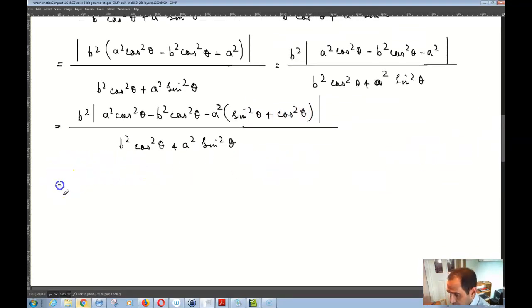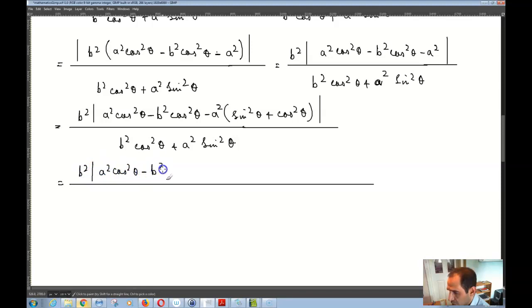So I can write this as b squared, the absolute value of a squared cos squared theta, minus b squared cos squared theta, minus a squared times a squared sine squared theta, plus minus a squared cos squared theta, and then you have b squared cos squared theta plus a squared sine squared theta.